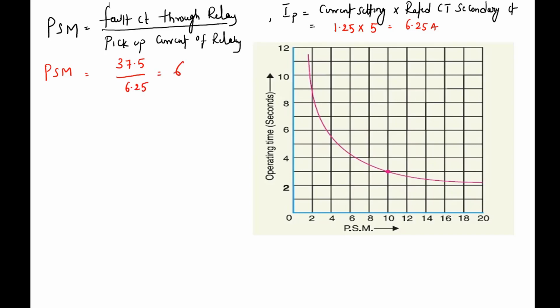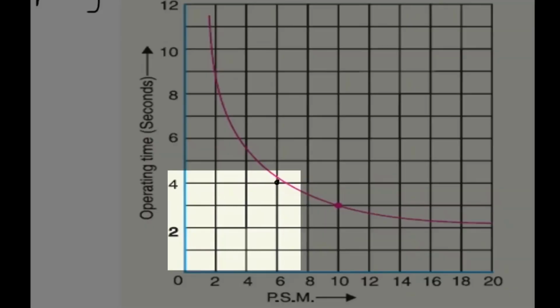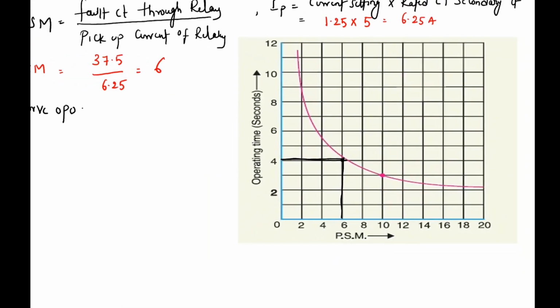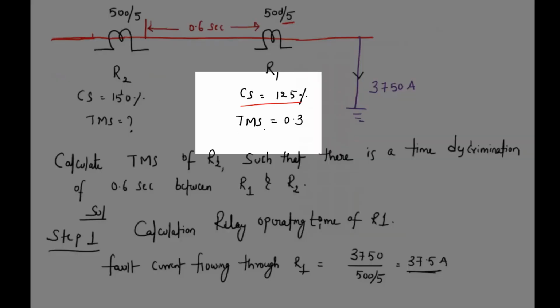The value is 6. So from the curve, if your plug setting multiplier value is 6, what is the operating time? Approximately we can take it as 4 seconds. But the TMS setting of the relay is 0.3.